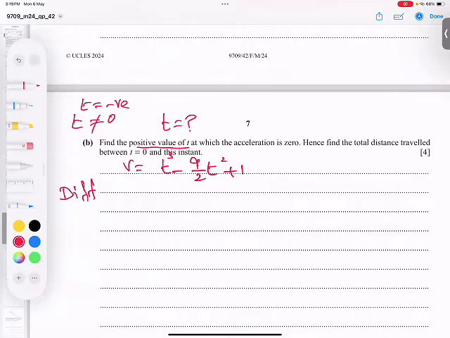I'll get acceleration. What is the differentiation criteria? The power comes down multiplied and the power becomes 1 less. So 9 over 2 t squared: the power 2 comes down and the power becomes 1 less, and this 1 becomes 0. This cancels out. I get acceleration 3t squared minus 9t.